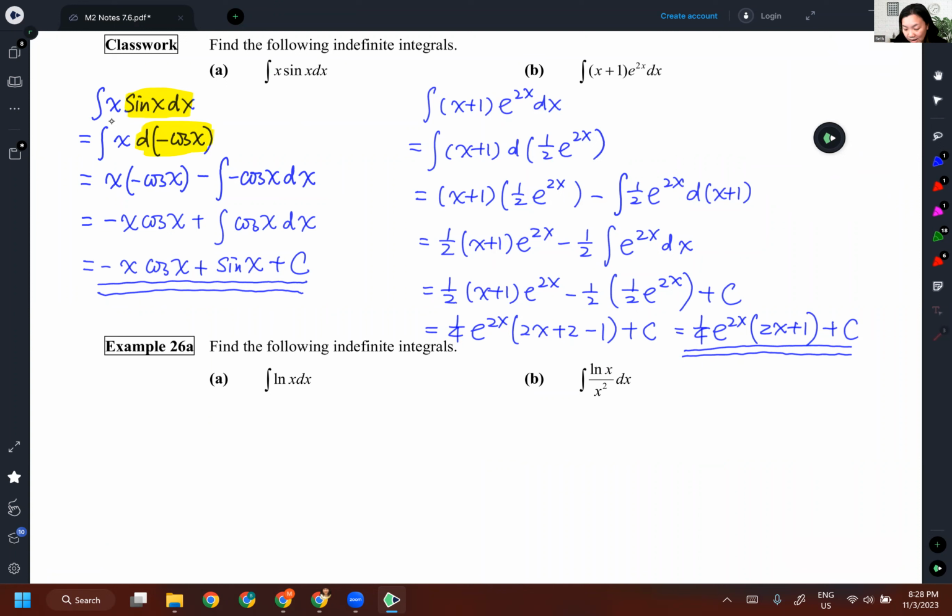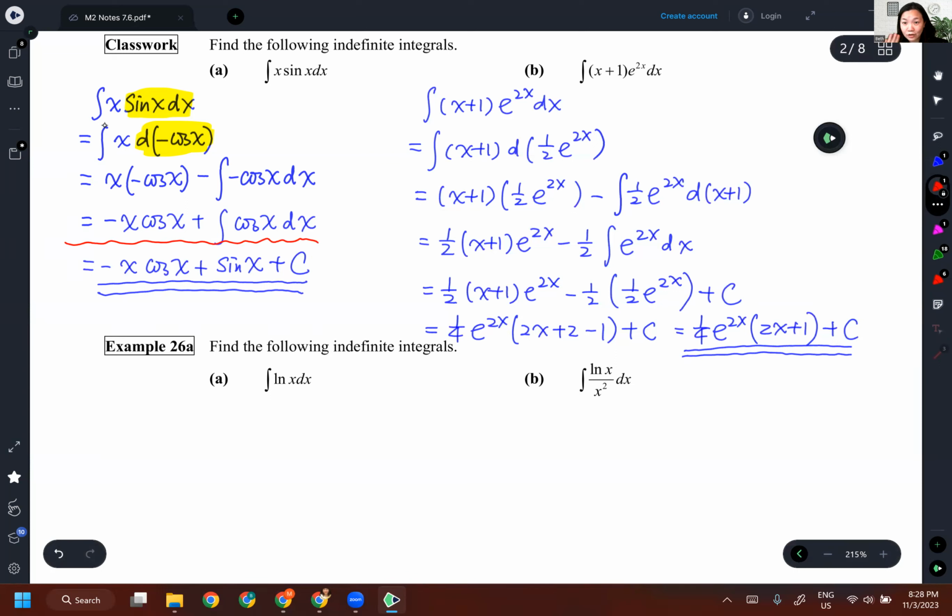That's integration by part. And then I will sort out the signs first because there's a lot of negative signs. I'll sort out the signs first and then I'll integrate. This is the final answer. May I please remind you that you need to sort out the signs first before you move on.